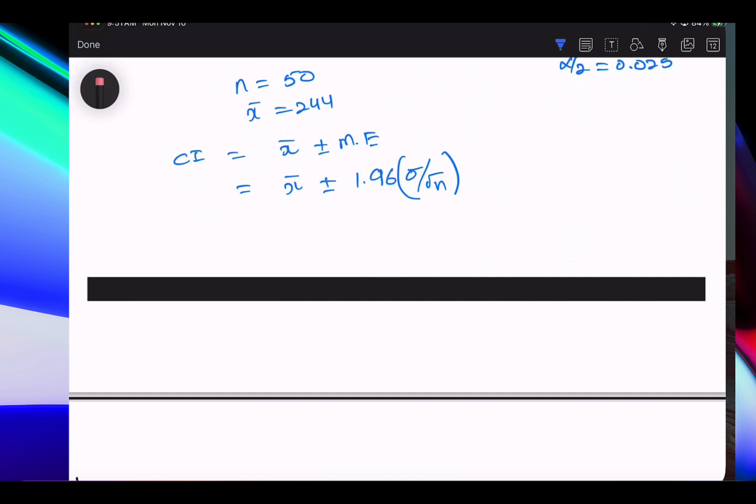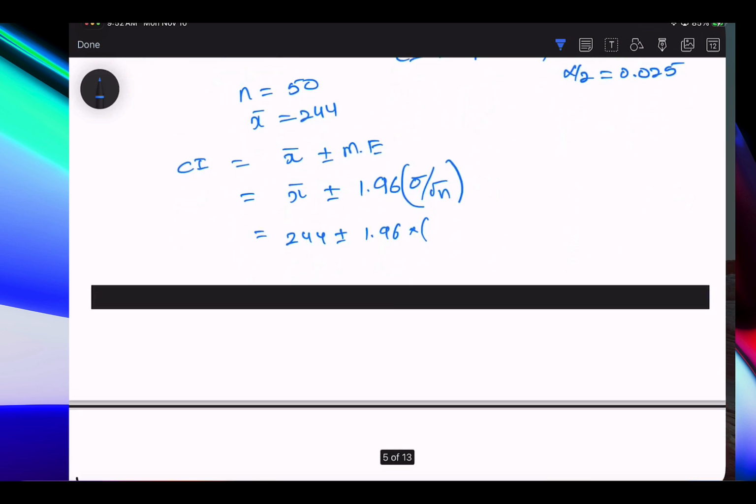So now putting these in numbers, we get x bar is 244 plus or minus 1.96 times our standard error, which is, as we saw, 15 divided by root 50.